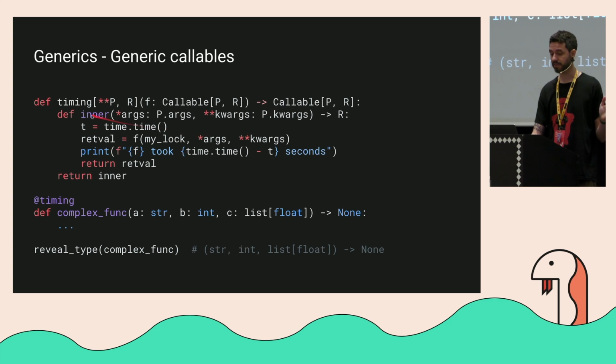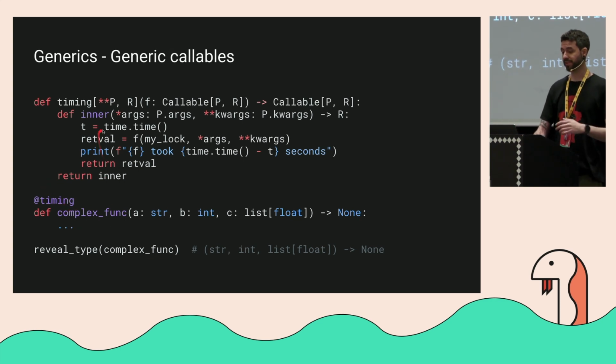That's basically it. The function that it's going to be returning is this inner function, which takes whatever arguments and keywords, and literally prints the time it took to run that function and returns. So it's a decorator pattern, and we can use it like this.